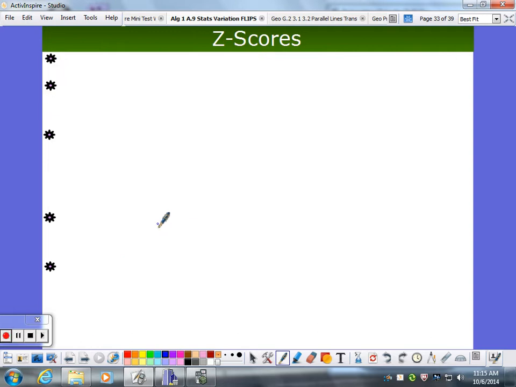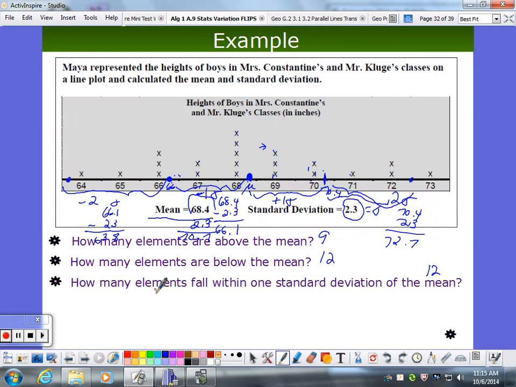Yes, sir. For the last one, I really needed to know how the elements fall within one standard deviation. How many elements fall within 1 standard deviation? What that means is if you have a mean, let's do a simple number. If your mean is 10 and your standard deviation is 2, so 1 standard deviation away from the mean would be at 12 and at 8.